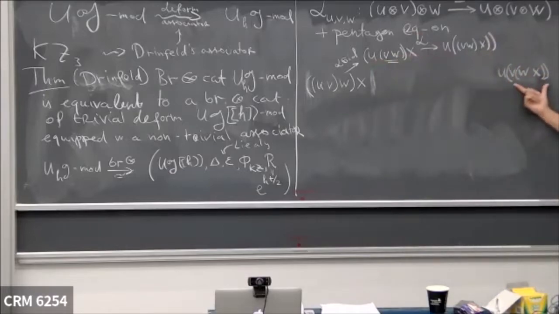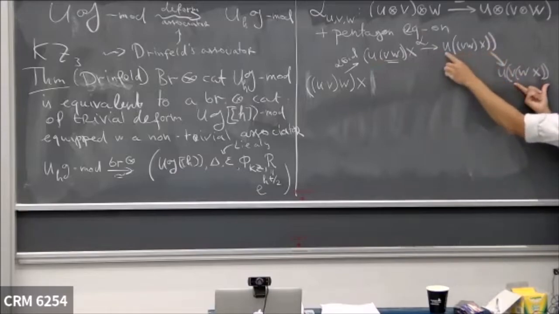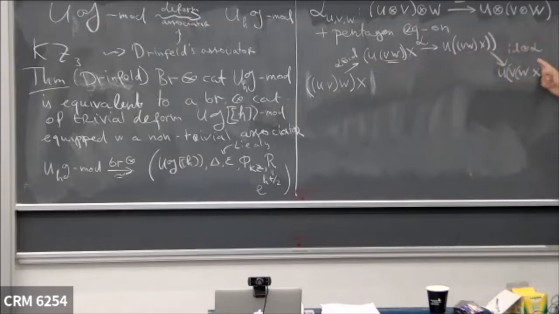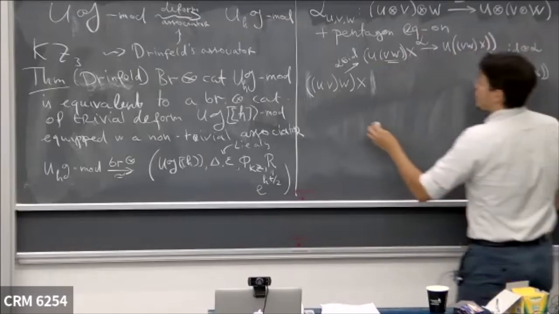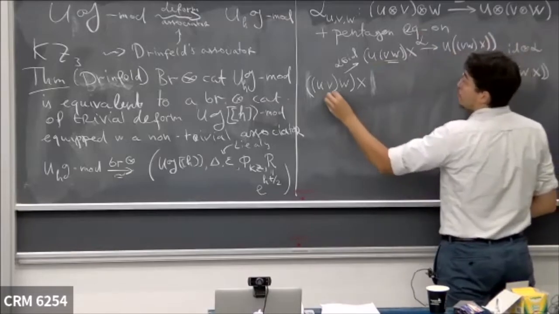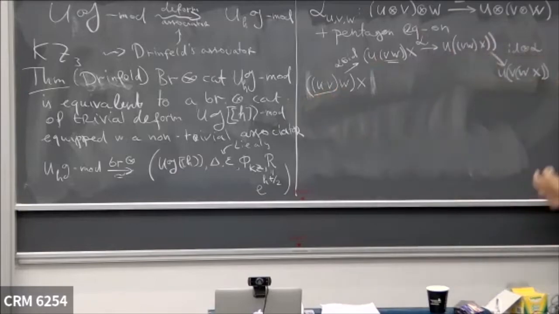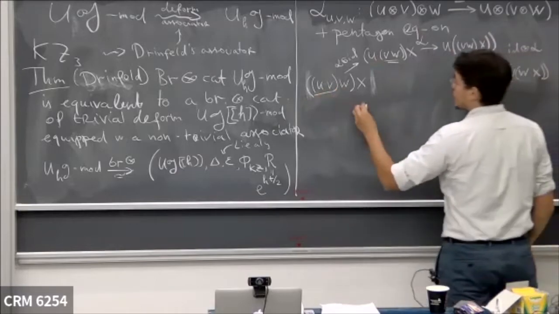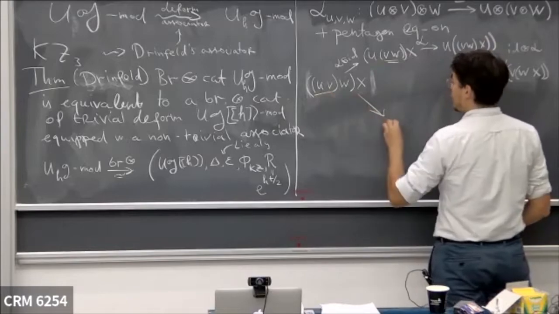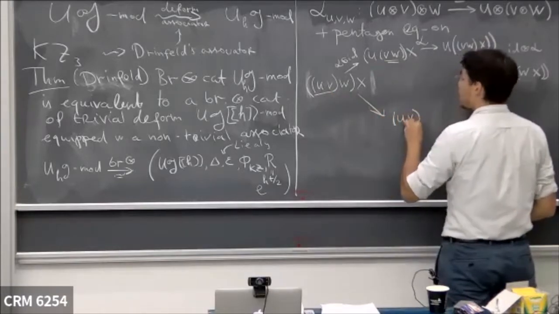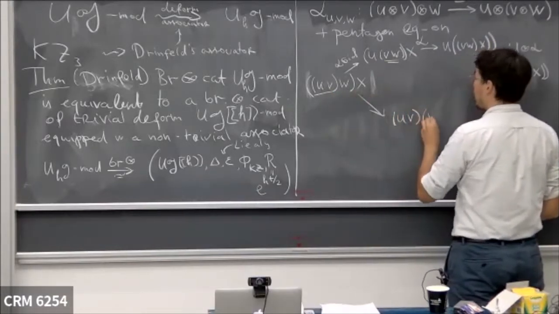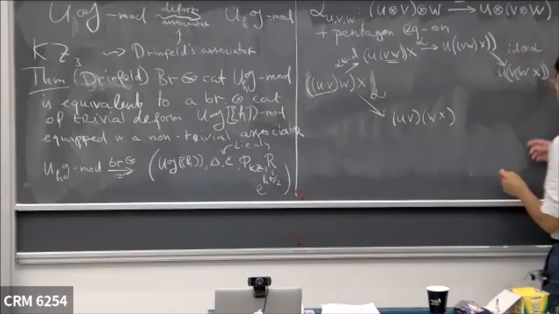I'm almost there. I don't touch U, but I can rebracket this thing. So it's identity tensor alpha, with alpha having components V, W, and X. Now I could think about UV as one object, so I can apply alpha with components UV, W, X. So it will be UV, and now brackets W X. And I'm almost there.